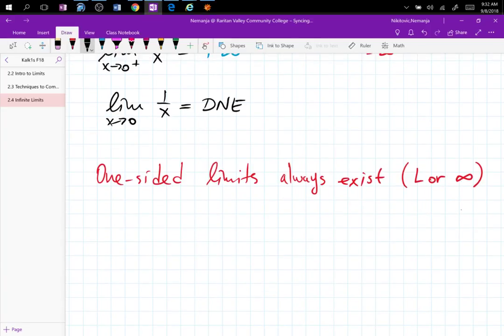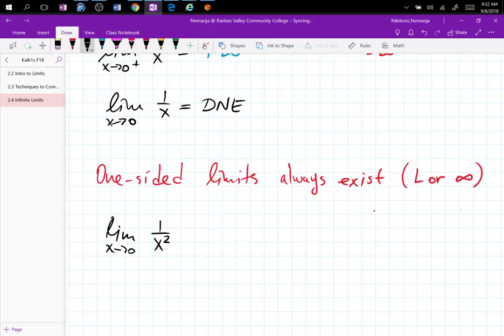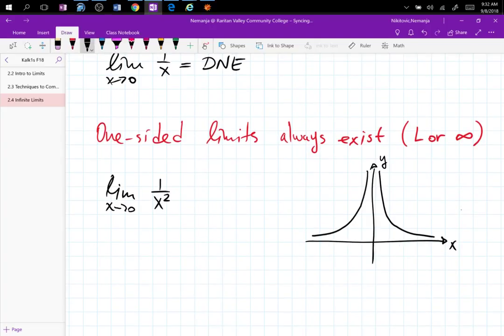Let's take a look at the next example, the limit as x approaches 0 of 1 over x squared. Well, I know what the graph looks like. As I approach from the left, we are going to positive infinity.